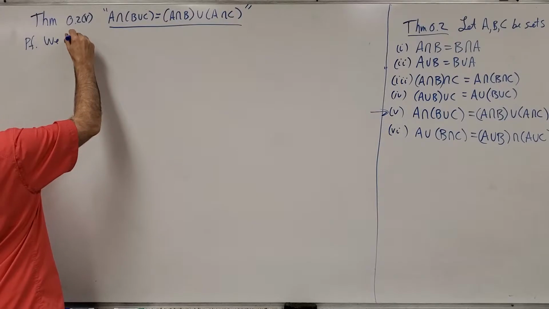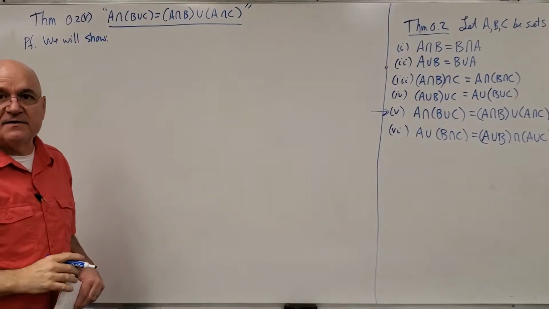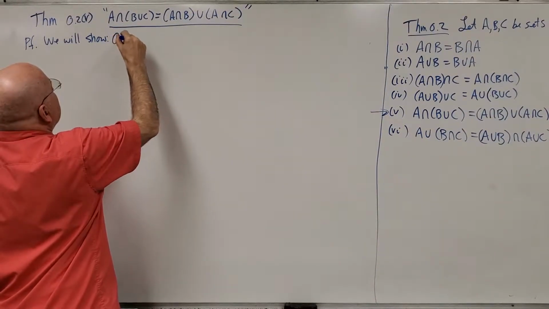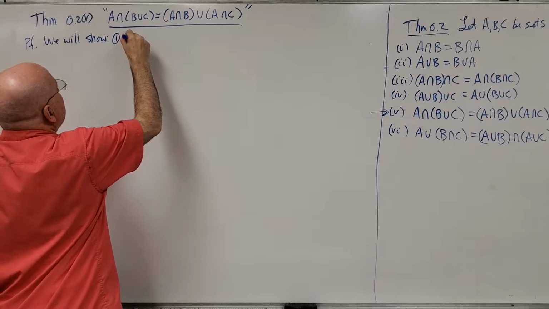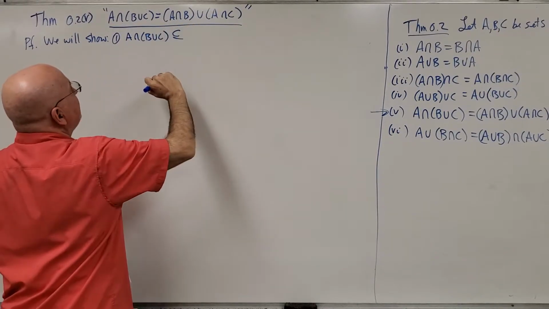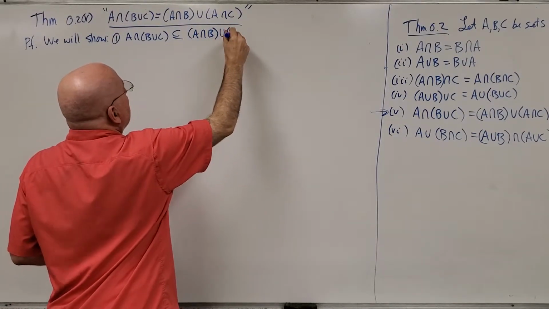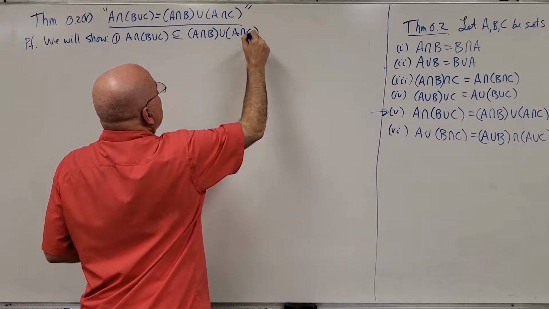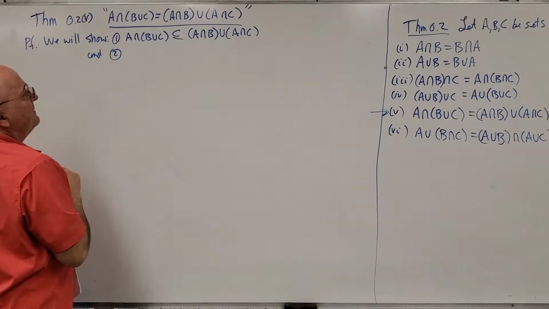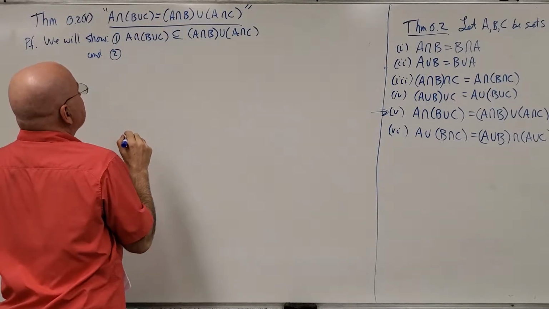We will show, or if you want to say, we will prove: one, that A intersect B union C is a subset of the right-hand side. And we'll show it the other way as well. Number two, we will show that the right-hand side is a subset of the left-hand side.